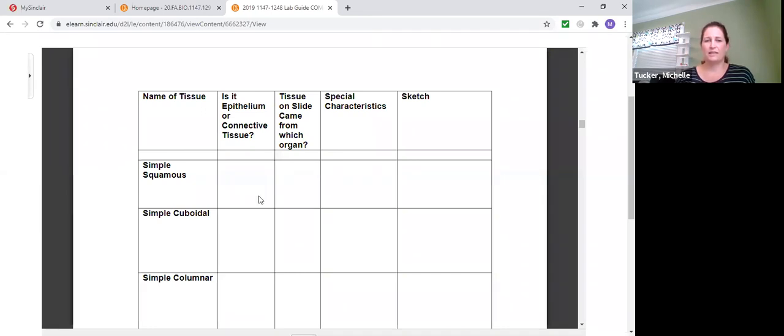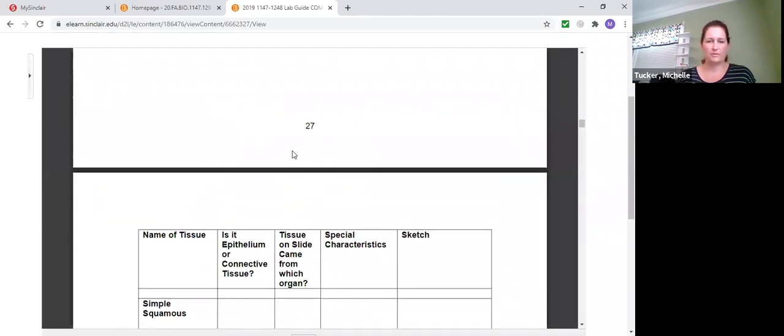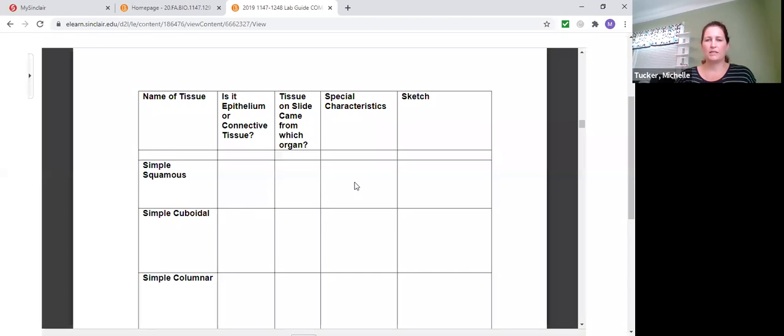If it is a connective tissue, it could be vascular or avascular, so a little bit of detective work in that one. Where did it come from? It's on the slides, and also in the preceding pages of the lab manual. Special characteristics are to help you identify that tissue.